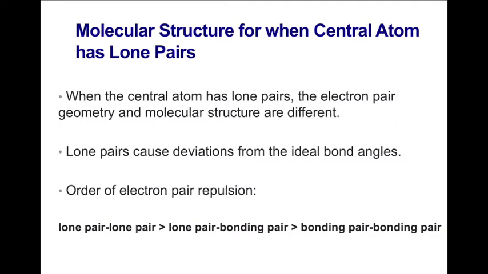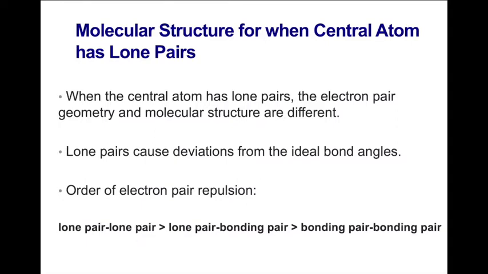So something we'll keep in mind as we're looking at these structures and we're looking at where there's bonds versus lone pairs, that lone pair repulsions are the strongest. They will repel each other the most.